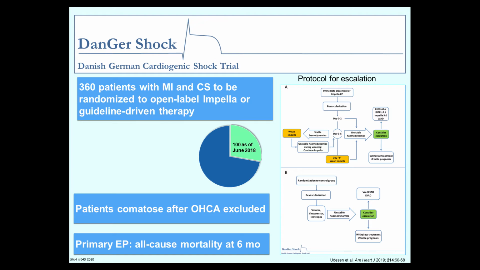So open label, guideline directed therapy. They're looking at 360. They had 100 patients as of June. Patients comatose after out-of-hospital cardiac arrest were excluded. And the primary endpoint is all-cause mortality at 6 months. I don't have time to go into this, but there's a protocol for escalation in both the initial Impella arm and in the other control arm.